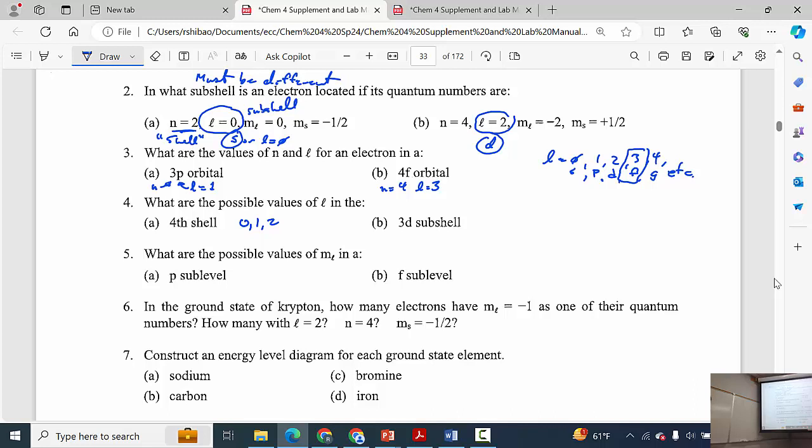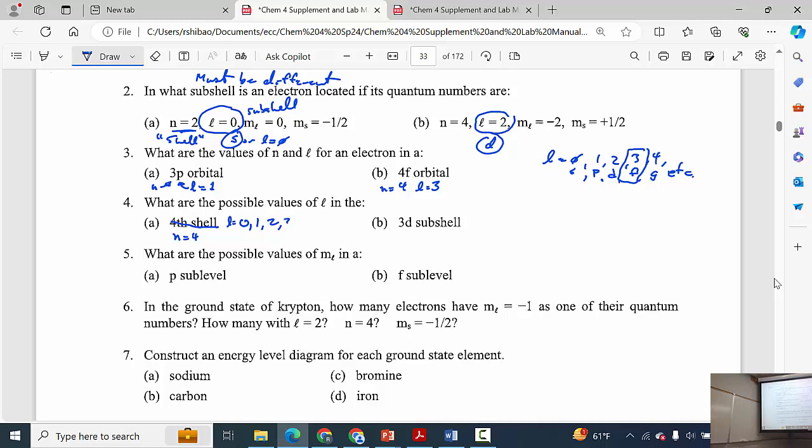And so what I'd rather do is, rather than call this the fourth shell, when n equals 4, what are the possible L values? When n equals 4, then L equals 0 is possible. That would be 4s. L equals 1 is possible. That would be 4p. L equals 2 is possible. That would be 4d. But there's one more that's possible. What is it?